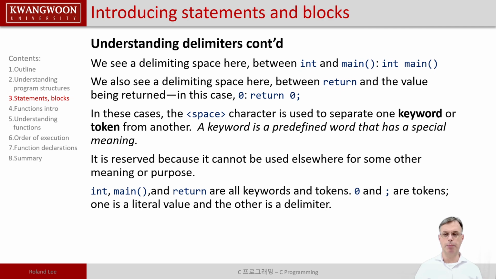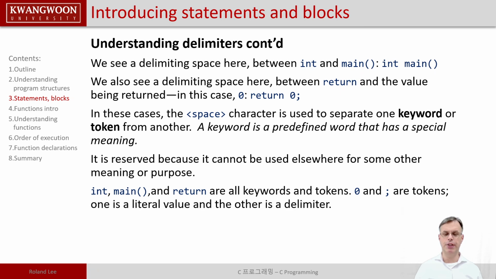In our Hello World program, there are only two required space characters that are delimiters. We see a delimiting space here between int and main, and we also see a delimiting space between return and the 0 value. In these cases, the space character is used to separate one keyword or token from another.